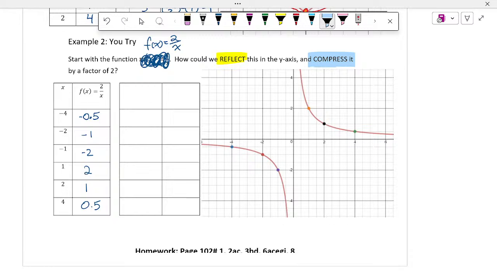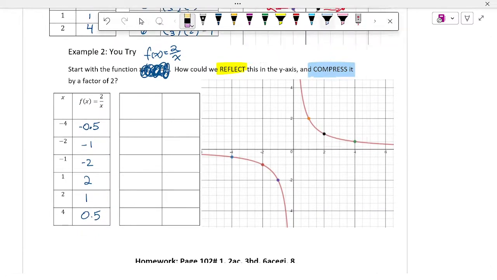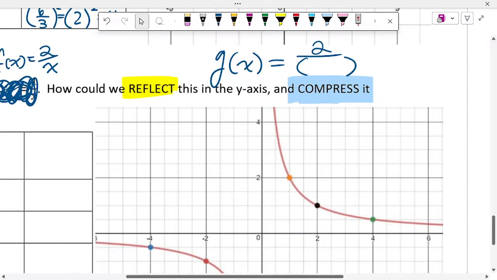Okay, so that's going to define our g function then. We're going to say g at x is going to be 2 over, and we want to change the x's, right? So the first thing we want to do is flip it so that what used to be positive is negative. How do we do that? A negative sign.